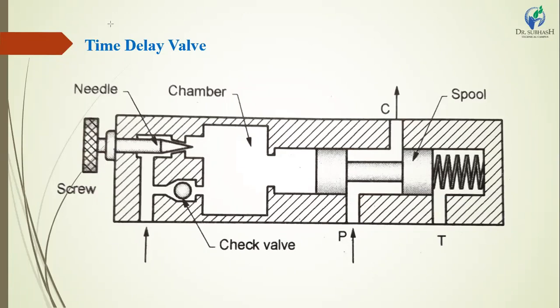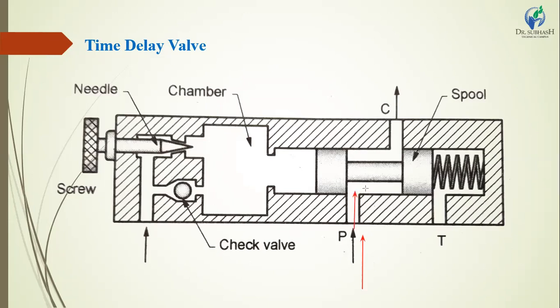Now we start understanding the working of this time delay valve. Here the main point is P. P means pump, the hydraulic pump, which is directly connected to a hydraulic motor and sucks the hydraulic oil from the hydraulic tank. The pressurized oil comes from the pump and enters the time delay valve.